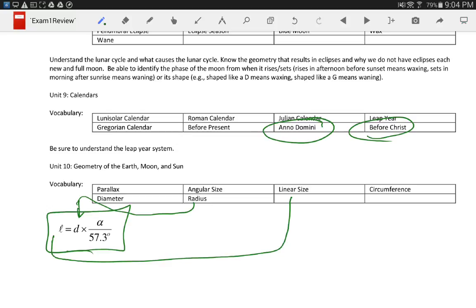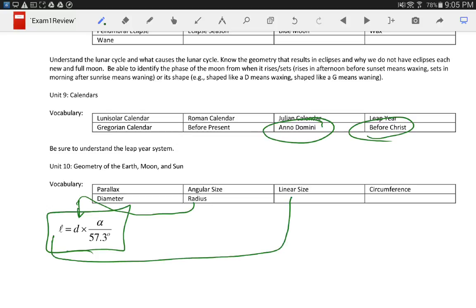D is the distance away. And the X is the radius? That's a multiplication sign. So what we have is alpha is the angular size of the object. So the angular size divided by this 57.3 degrees and then multiplied by its distance away gives us how big the object actually is.